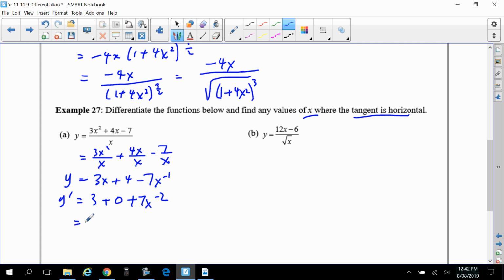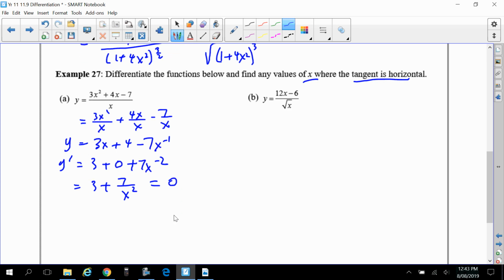And then you will get 3 plus 7 over x squared. And you have to make that equal to 0. And if we look at that, let's try to solve it. 7 over x squared equal to negative 3. 7 equal to negative 3x squared.